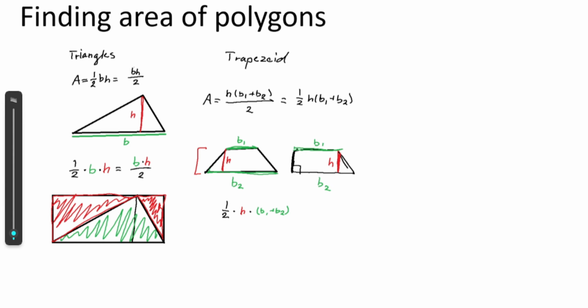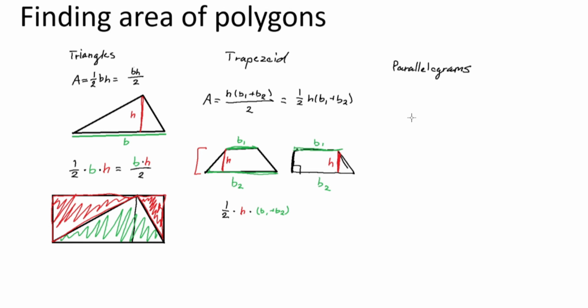Now, we know that rectangles is just height times width, but parallelograms are a bit different, but the formula is actually very similar to that of the rectangles. So we know a parallelogram looks like this.